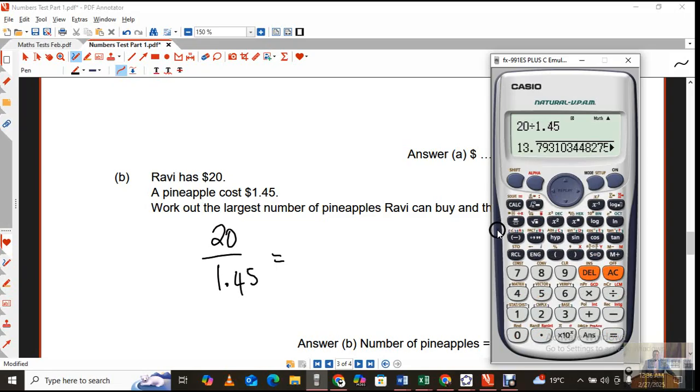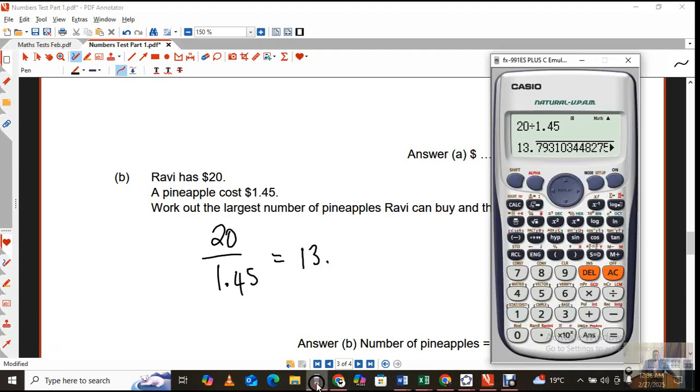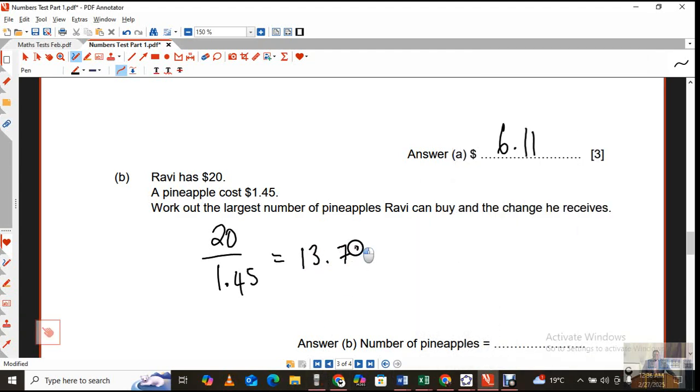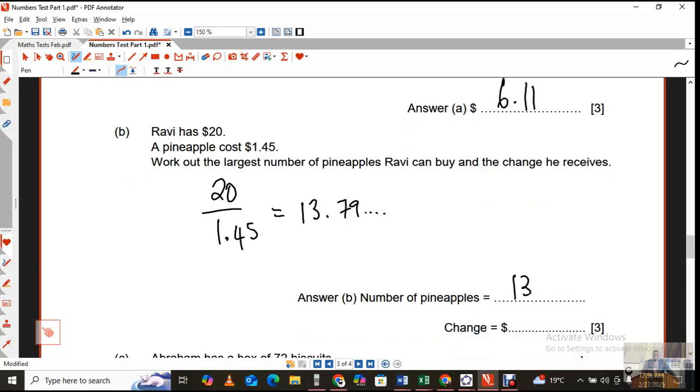It's about 13.79, and so on. But the whole number that a person can actually use is just 13. So the largest number of pineapples he can buy will just be 13. Not 13.7, there's no 13.7. You don't round in this question.